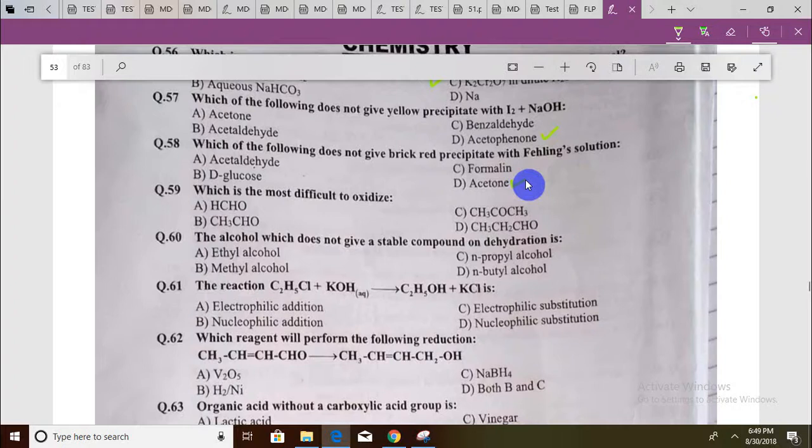Formalin is actually formaldehyde in water.